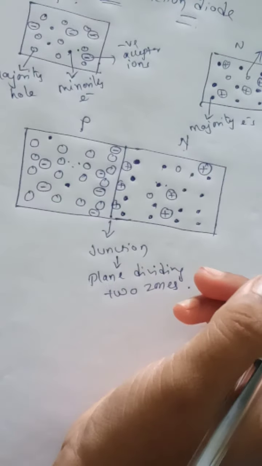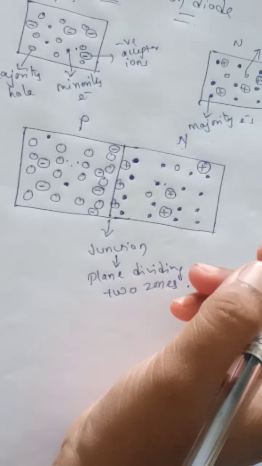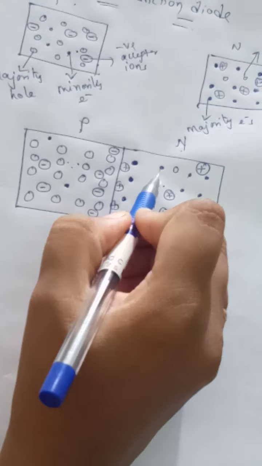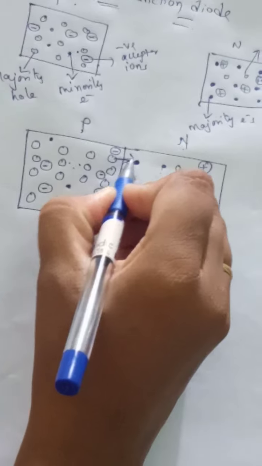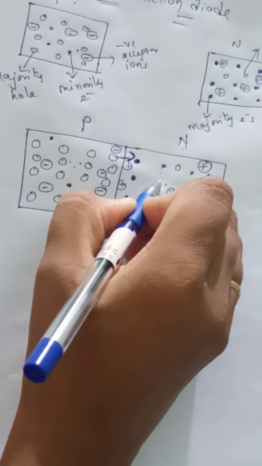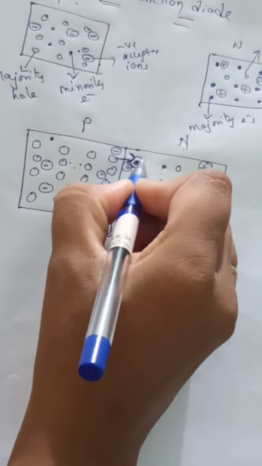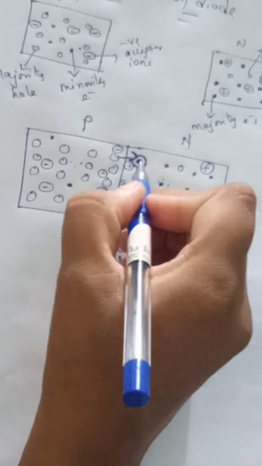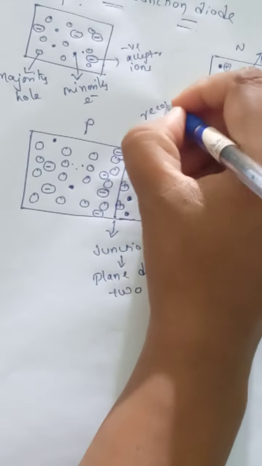Now here what we did, we brought a p-type nearer to the n-type. So as usual, a force of attraction will be there between these holes and electrons. So the holes cross the junction and enter into n-type. Immediately each recombines with an electron present near the junction.